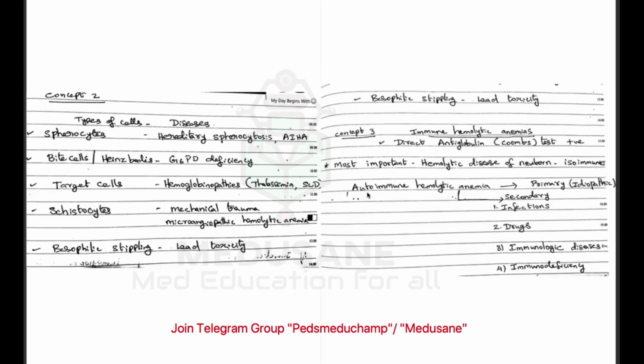And coming to autoimmune hemolytic anemia, this is for classification, you will not get questions out of it. It could be primary or idiopathic where you don't have any reason, or it could be secondary. Secondary: an infection can trigger, drugs can trigger, or immunologic diseases like SLE can trigger the autoimmune hemolytic anemia, or sometimes immunodeficiency diseases can trigger it.